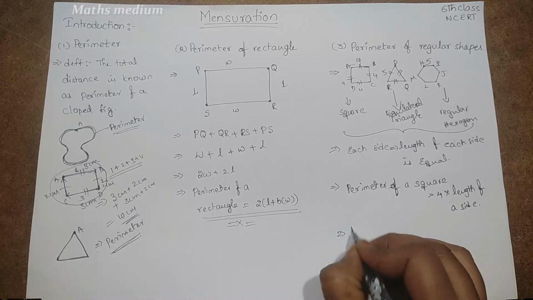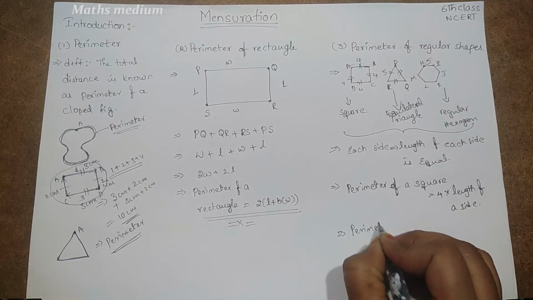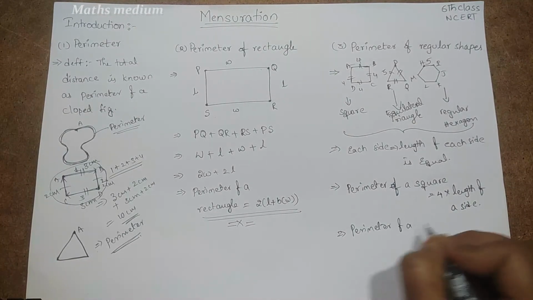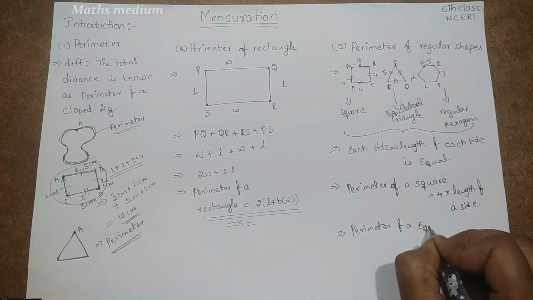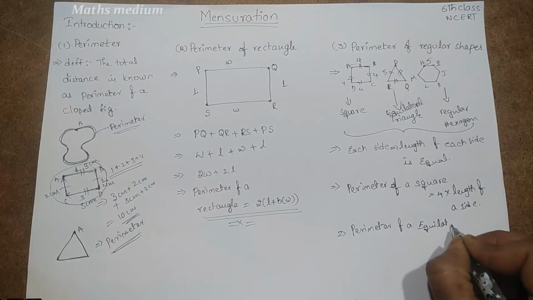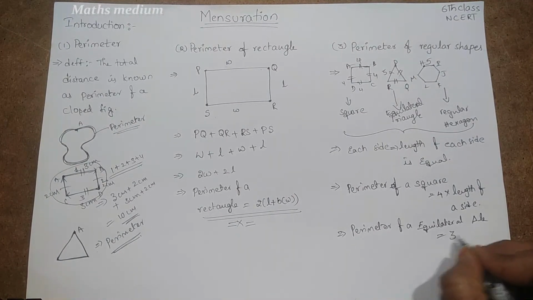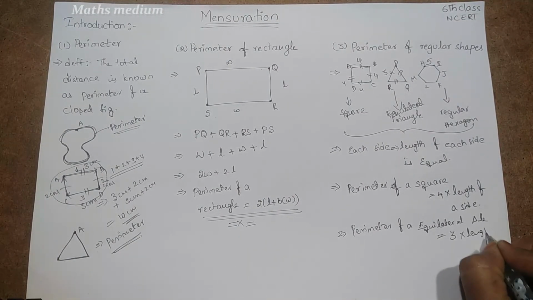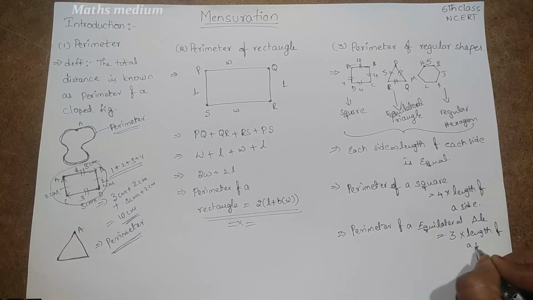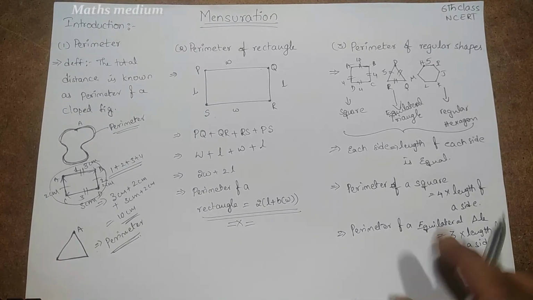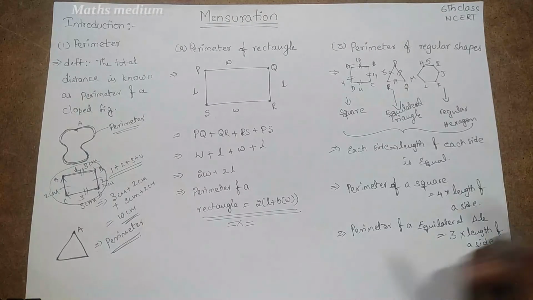Next, perimeter of an equilateral triangle is equal to 3 into length of a side. Why are we using 3? It means it has 3 sides. That's why.